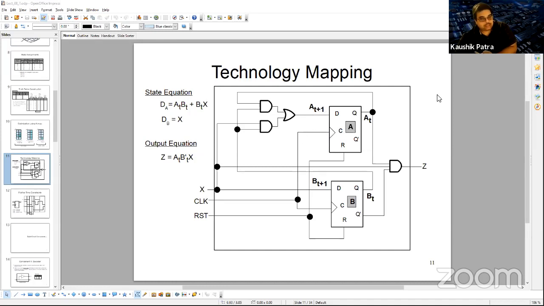So let me see if I can annotate. Where is my notation tool? Oh, here. Okay.